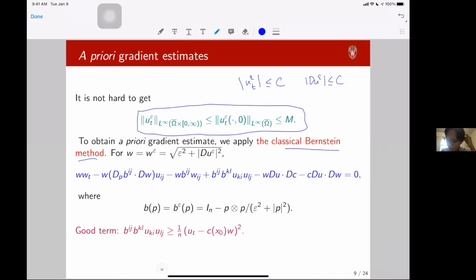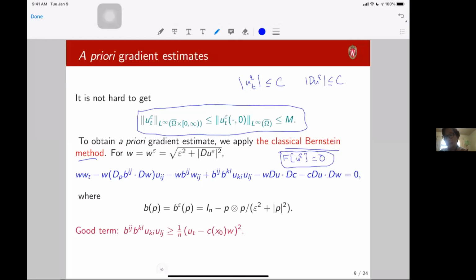What's the point of the Bernstein method here? There are tedious computations, but basically we look at the PDE for u epsilon, right? So we have F(u epsilon) equals 0, a certain nonlinear equation.